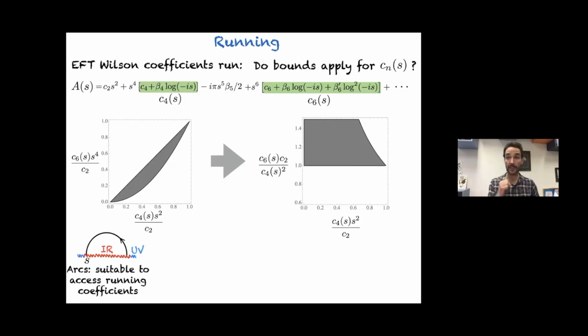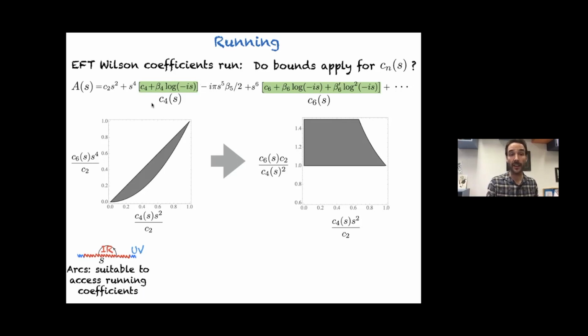Now, arcs are actually the suitable object to access the running coefficients. Because in fact, when the energy at which the arc is calculated changes, you're basically accessing your amplitude at different values of s.